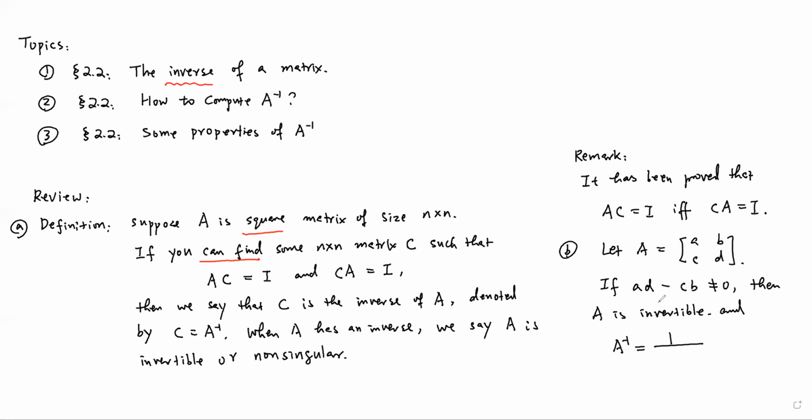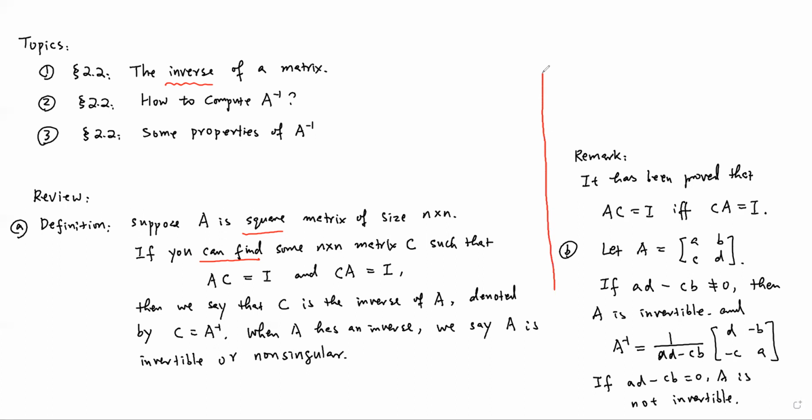1 over this number, AD minus CB, times the matrix D, negative B, negative C, then A. This matrix is the inverse of A. On the other hand, if this number is 0, A is not invertible, or A is singular.